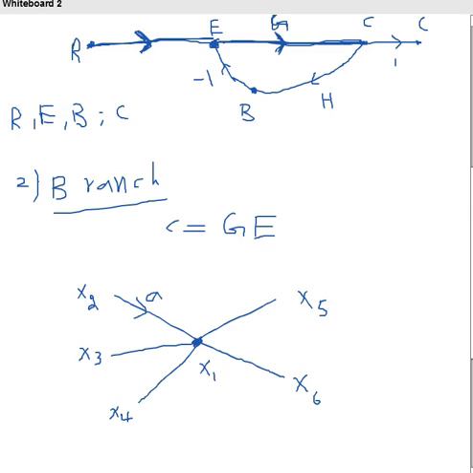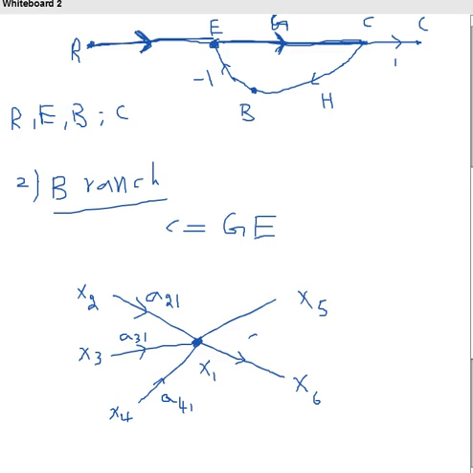So this branch gain is A21, this branch gain is A31, and this is A41. See the suffixes 21, 31, 41. That means 2 is the input node and 1 in the suffix represents the output node for this branch.